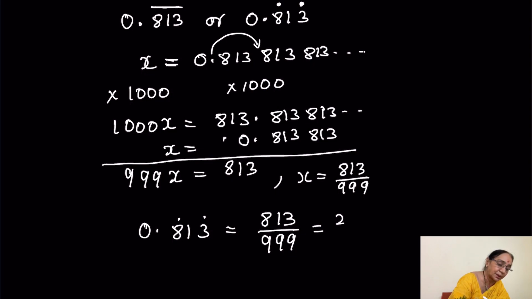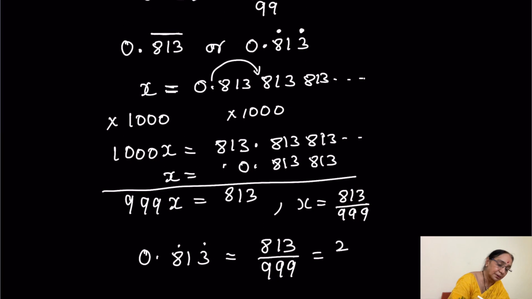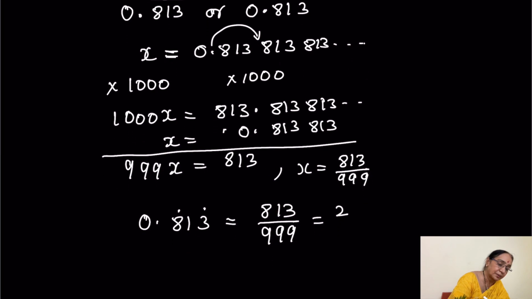Say 3 8s are 24, 3 7s are 21, and then 3 1s are 3. Divide the denominator, 333. So this is the fractional representation of 0.813, where all the 3 digits repeat.